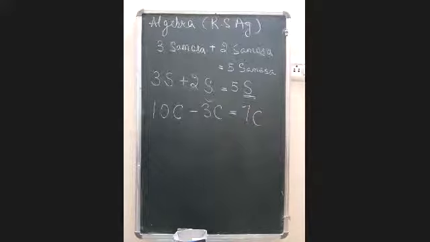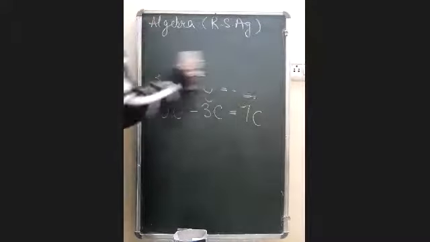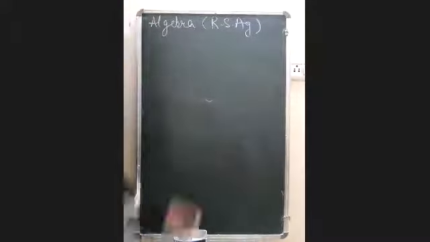You cannot subtract samosa and chapati. Okay, so remember, samosa can be only added to samosa object, that is called like terms. So today we are going to discuss the topic related to like terms only. So now I am going to teach you a question which is just related to this only.